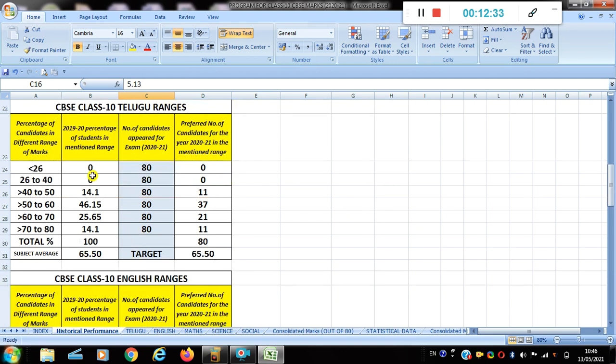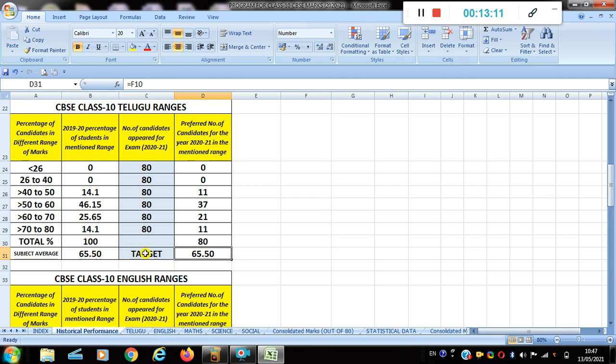But why are these useful? Where these are useful means, if we can plan in such a way that there are 11 children in this particular range 40 to 50 and 37 children in the range 50 to 60, 21 children in the range 60 to 70, 11 children in the range 70 to 80, then it will be easy for us to get the subject average as 65.50, or it will be plus or minus 2 about this one.